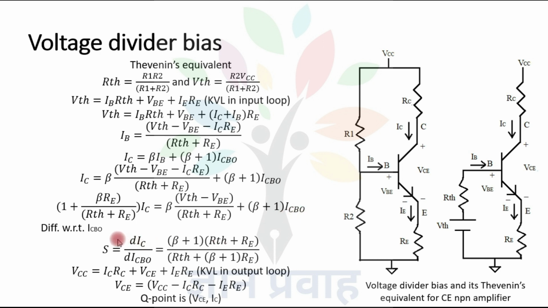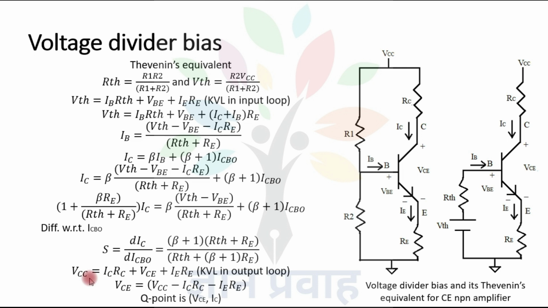Now we are calculating the stability factor for this biasing circuit, that is dIC upon dICBO. So we are simply differentiating this equation with respect to ICBO, and we got the stability factor, that is (beta plus 1)(RTH plus RE) divided by (RTH plus (beta plus 1)RE).